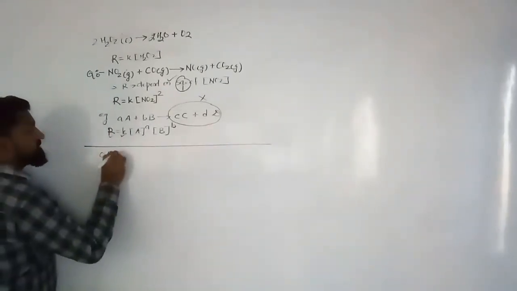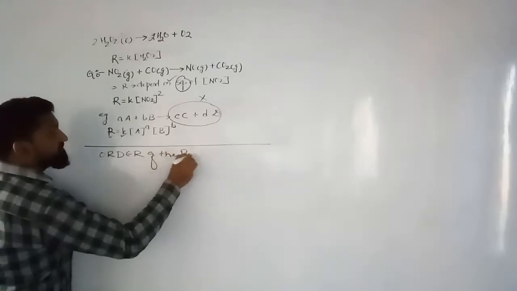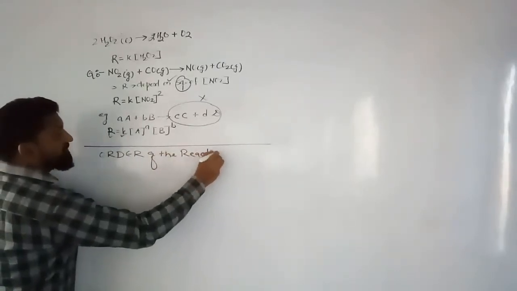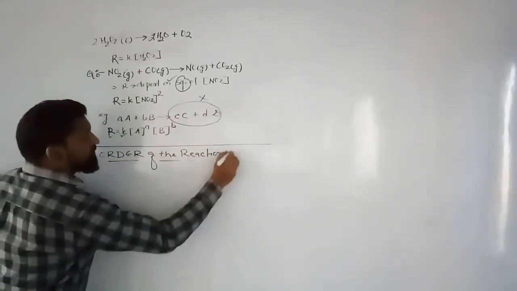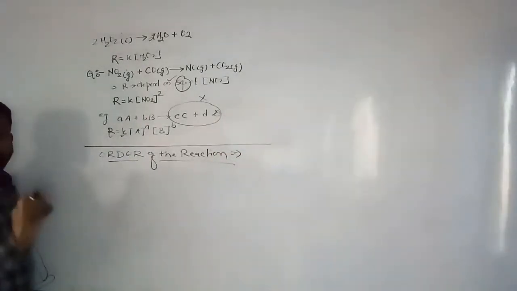See here, what am I saying? Order of the reaction. Now what is meant by order of the reaction? This is very, very important. First we will see the characteristics of the order of the reaction.